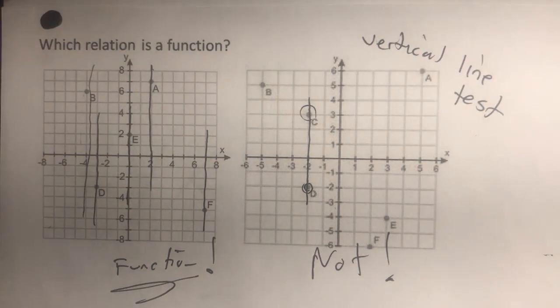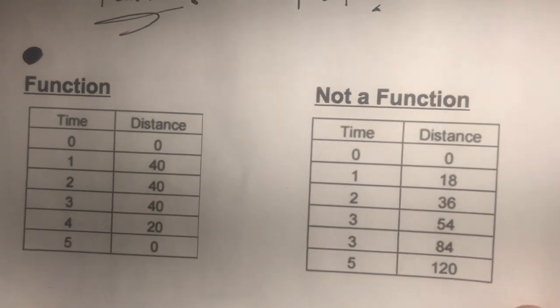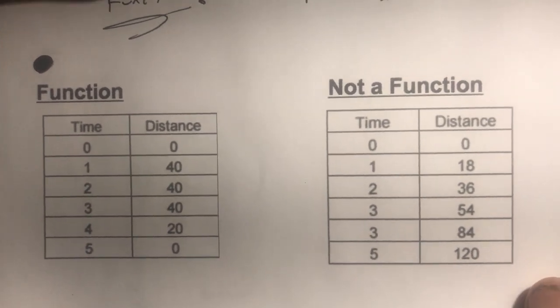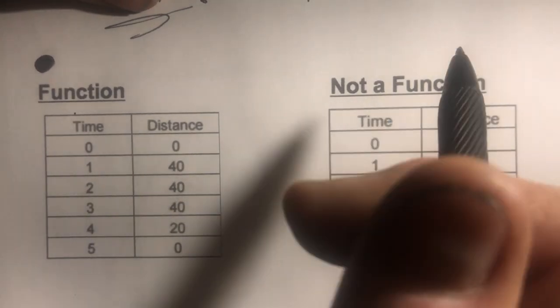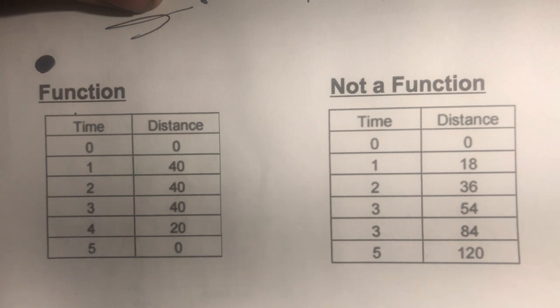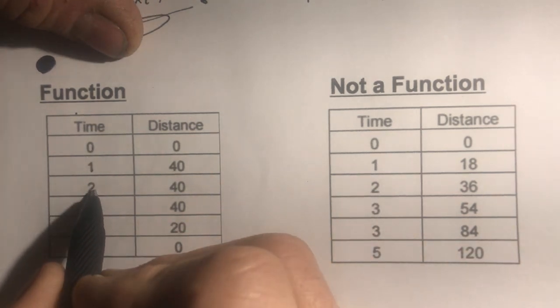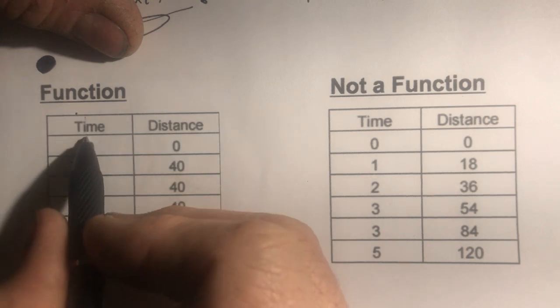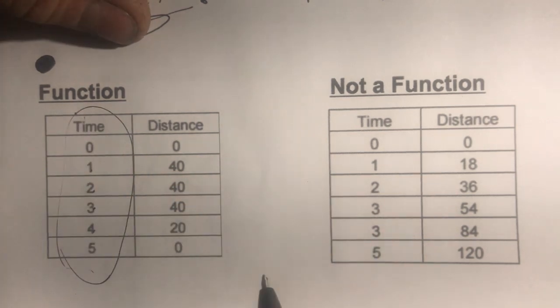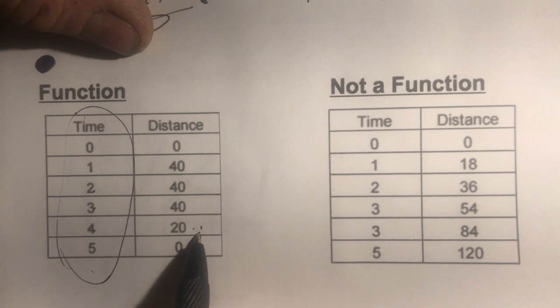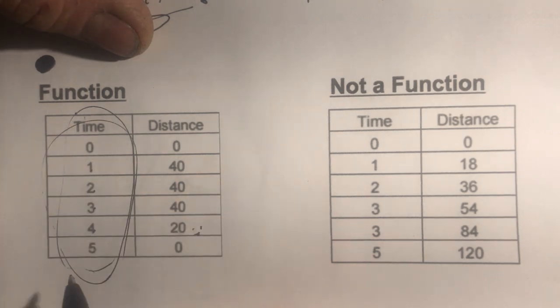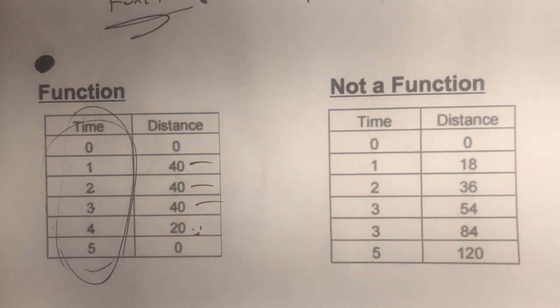Okay. What about this? All right. This is a function that says that's not a function. Okay. Why? Well, this one here, see, each number only shows up one time for the x. This is my x, which is my independent variable. Here's my y over there, the dependent variable. I don't have any repeats here, so that's okay. Now, I've got repeats here. That's okay.